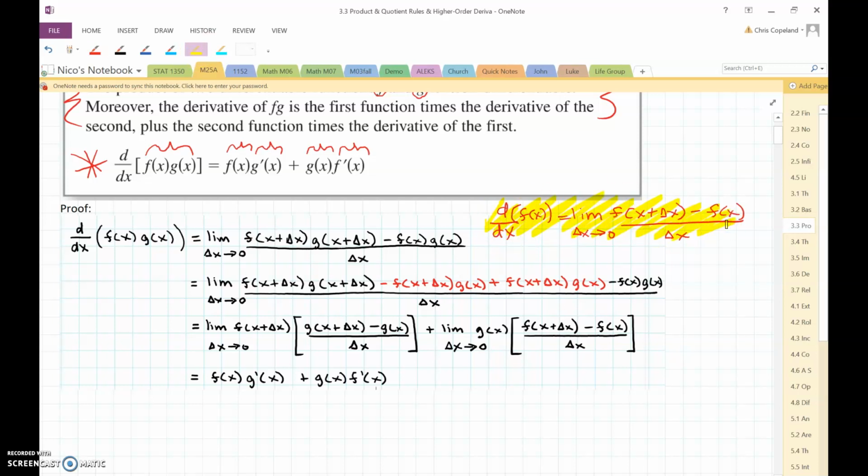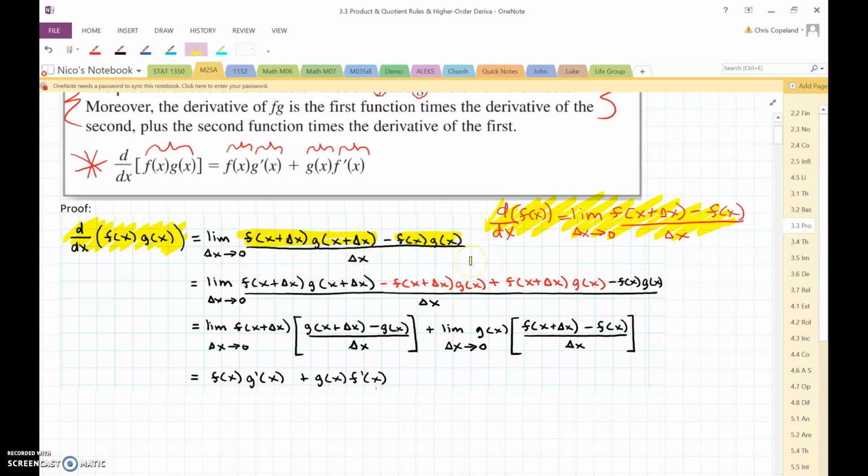Now, notice here, for this one, we're no longer taking the derivative of just f of x. We're taking the derivative of f of x times g of x. So what's going to go here on this first line is the limit of f of x plus delta x times g of x plus delta x minus f of x times g of x all over delta x as delta x goes to 0.